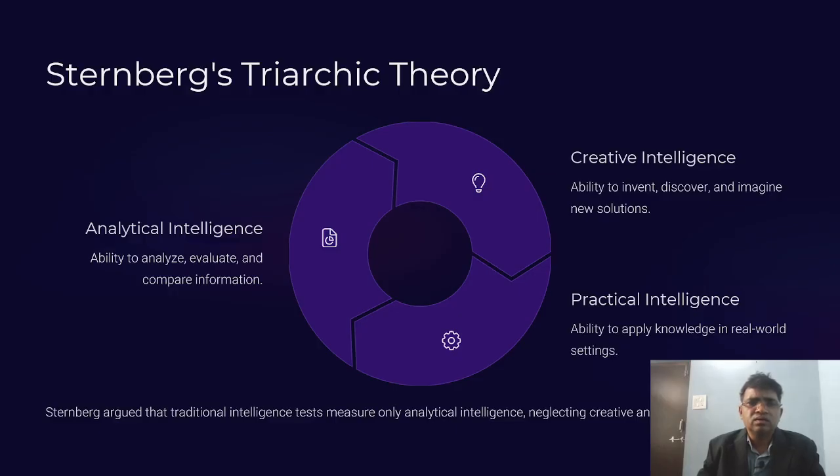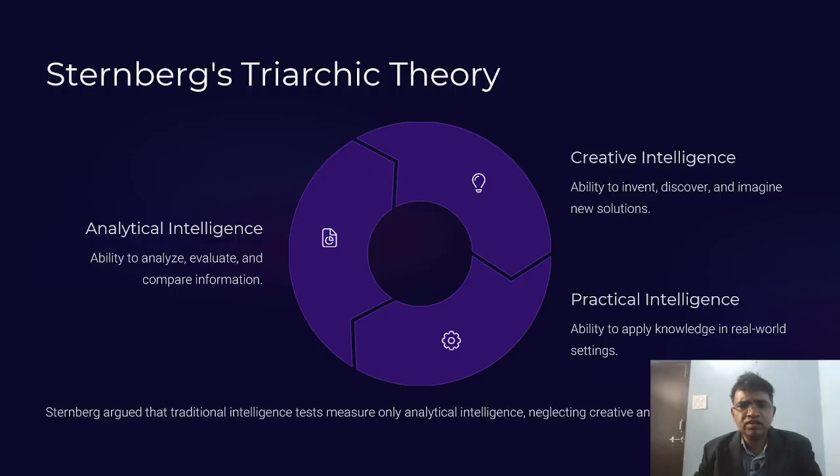Sternberg's Triarchic Theory. It is divided into three types: analytical intelligence, creative intelligence, practical intelligence. If you want, please take a screenshot and read again. So what is analytical intelligence? The ability to analyze, evaluate and compare information.